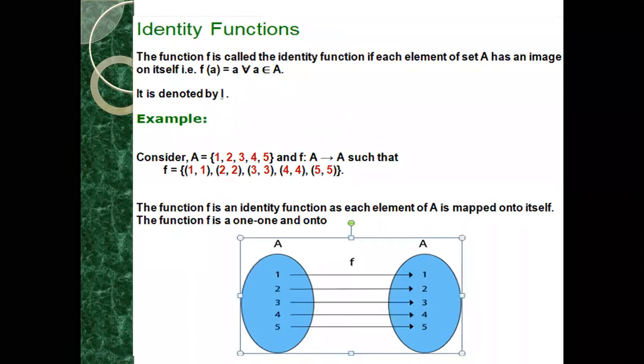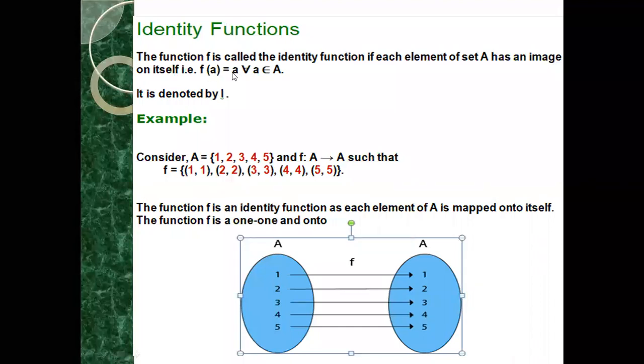Next definition, identity function. The function f is called the identity function if each element of set A has an image on itself. So the condition is f of A is equal to A. Here the element has the same image.